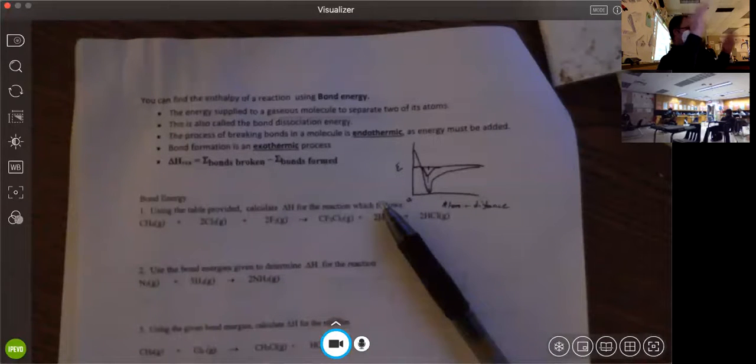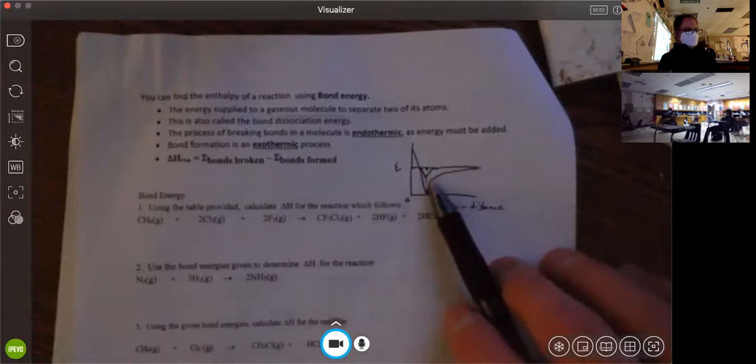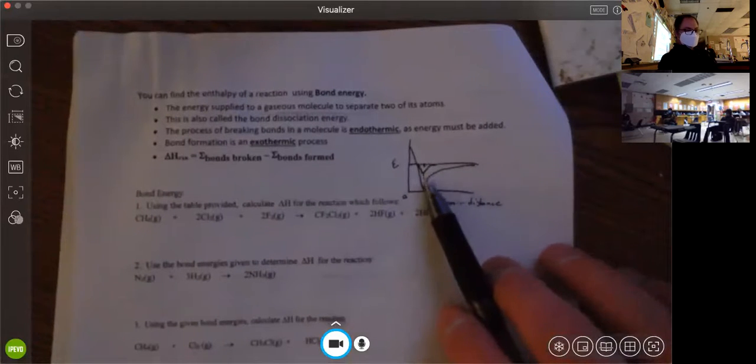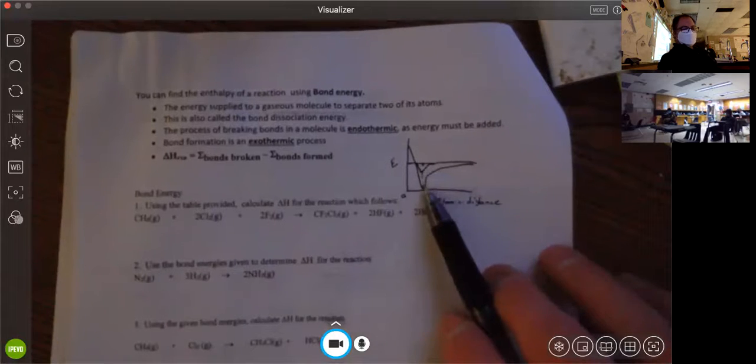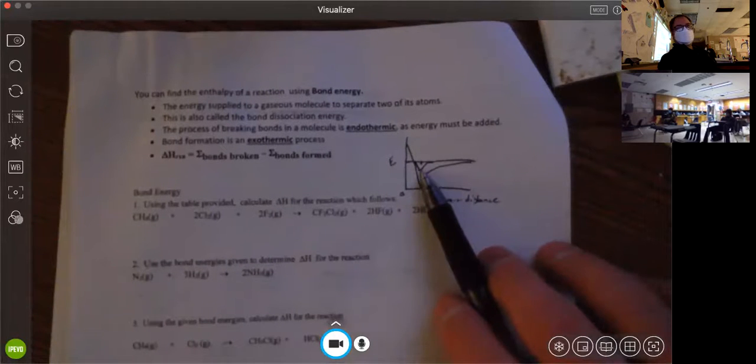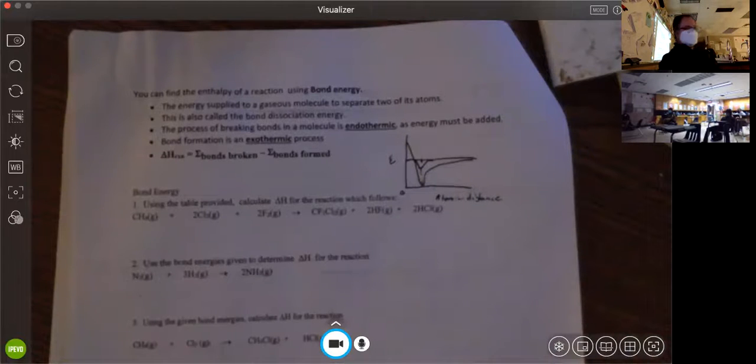Gravity doesn't work quite the same way, but it does with atoms: wherever that new state is, that energy from here to there, when they reform, is what energy is given off to the universe.